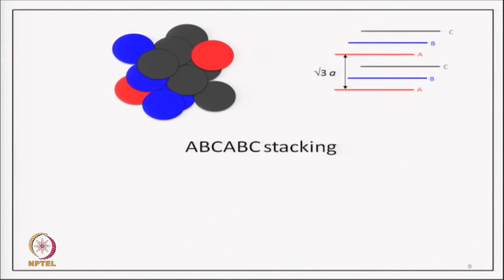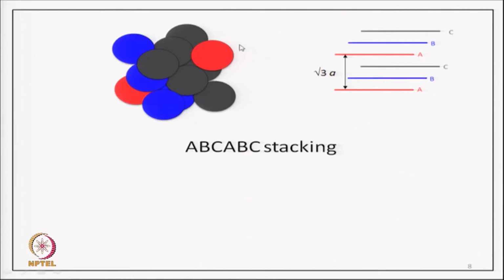We have now analyzed both the lattice and motif. So, we summarize our results: the ABC stacking is nothing but a stacking of close packed planes in the ABC sequence, and these can be thought of as planes perpendicular to the body diagonal of the cube, which is our unit cell.